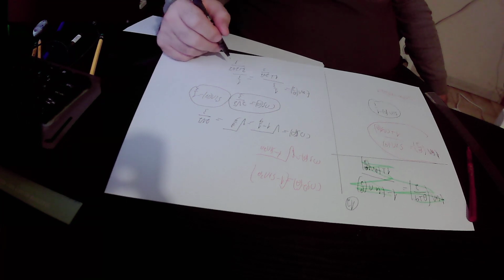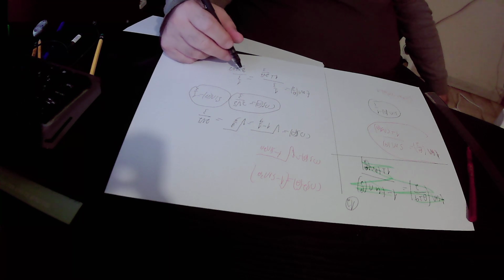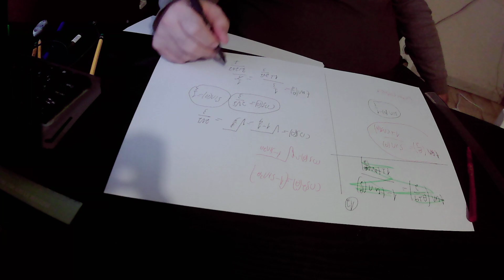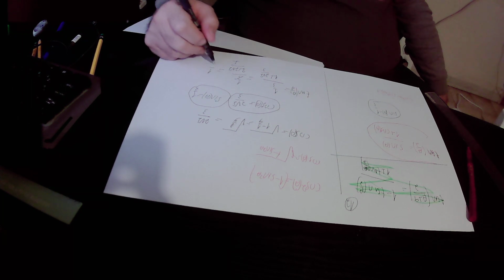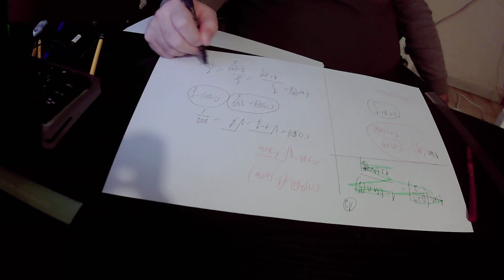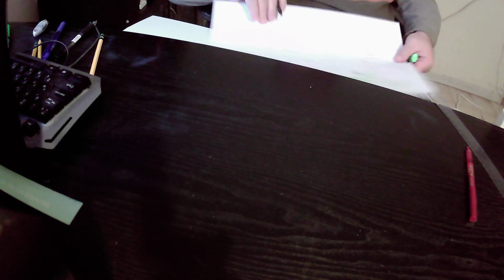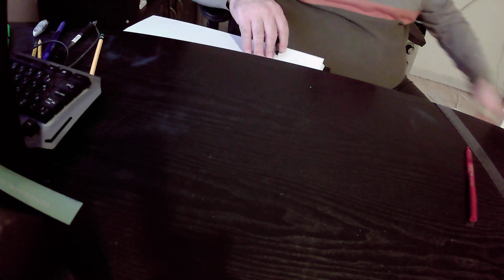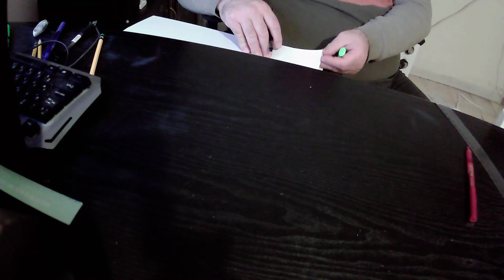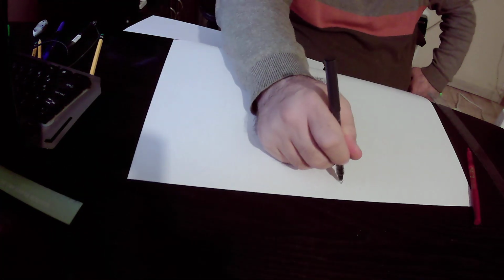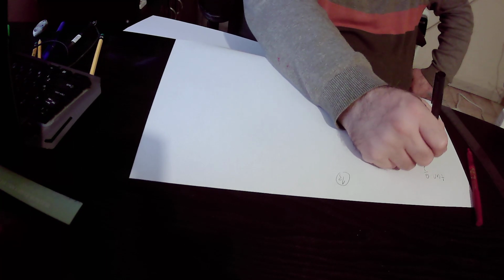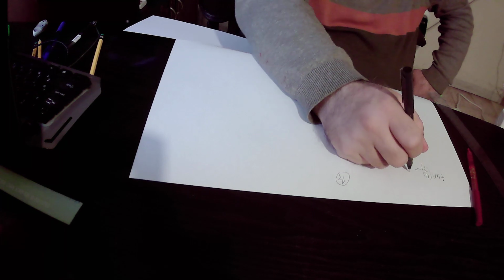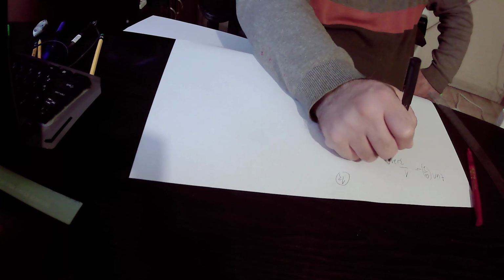Here we have 3 in the numerator and 3 in the denominator, so 3 will get cancelled, and we are left with only 1 over 3 plus 2 times square root of 2. So in conclusion, tangent theta over 2 is equal to 1 over 3 plus 2 times square root of 2.